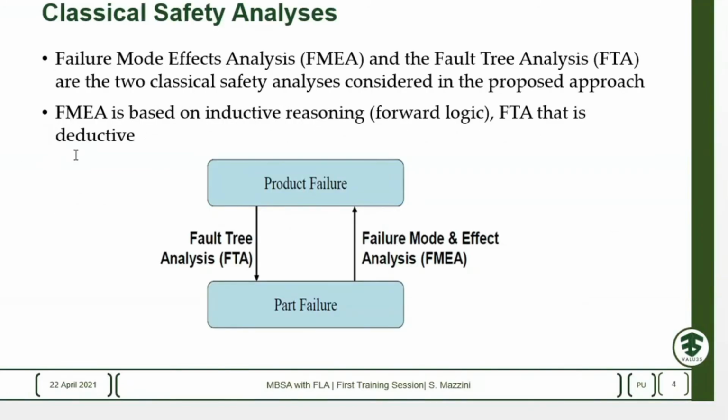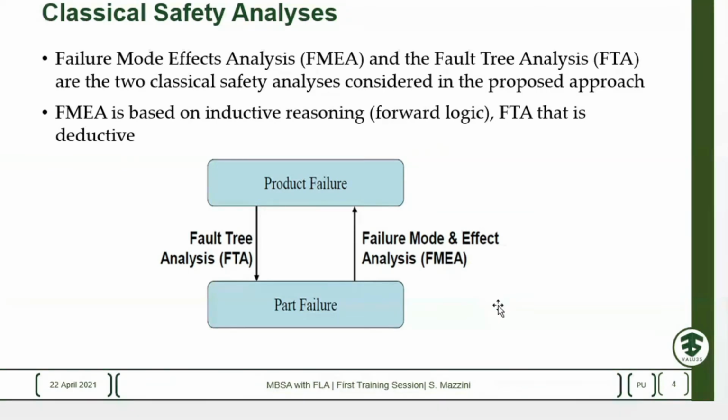Classical safety analyses are based on failure mode and effects analysis, shortly called FMEA, and fault tree analysis, FTA, that are two classical safety analyses that we consider in our approach. FMEA is based on inductive reasoning, while FTA is a deductive analysis.